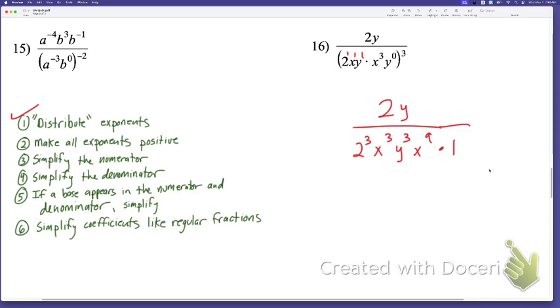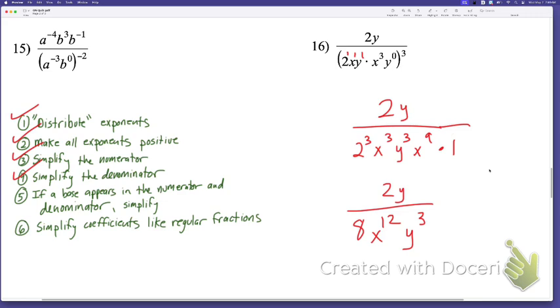All right. Simplify the numerator, nothing to simplify there. Simplify the denominator. Let's see. We can multiply x to the third times x to the 9th to get x to the 12th. So we'll have 2y over 2 to the third is 8, x to the 12th, y to the third times 1. I don't really need to include that.